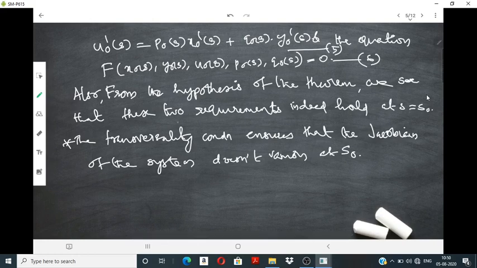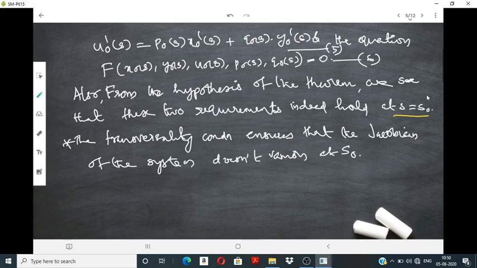And from the hypothesis of the theorem, the Cauchy problem satisfies the transversality condition at s equal to s naught.